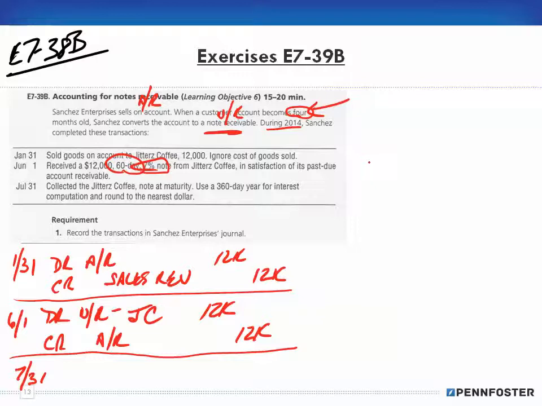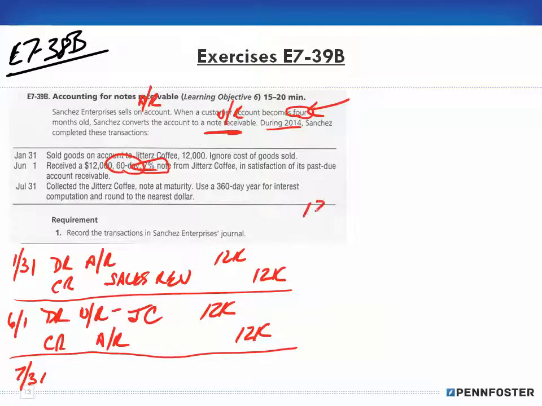Sure, you're going to receive a check in the mail. That's going to be $12,000 plus interest for some amount. But you can't just take it at face value that that amount is correct. You have to do the calculation for yourself to make sure, because they could have made an error.